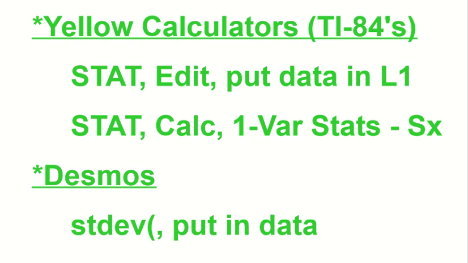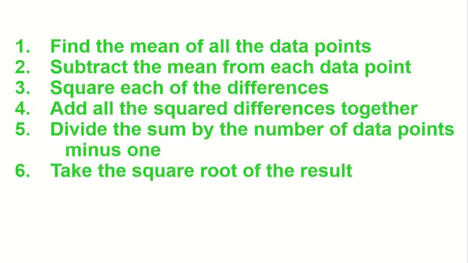And if you're used to doing it on the yellow calculators, when you do the one variable stats, you have the mean, you have the median, you have all that stuff right there. So it saves you a little extra that way. But either one works. Any questions on this part? Aren't you glad you don't have to do all this?